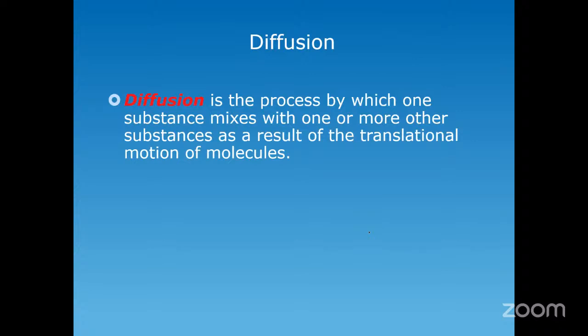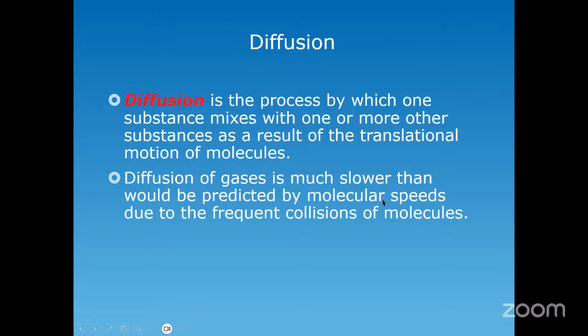Diffusion is a process by which one substance mixes and spreads through another substance as a result of the translational motion of the molecules. The thing about diffusion is that we cannot use it as a proxy for measuring the speeds of gas particles, because as one gas spreads into another, they will collide with each other, and you won't be able to get much information about the relative speeds of a gas.